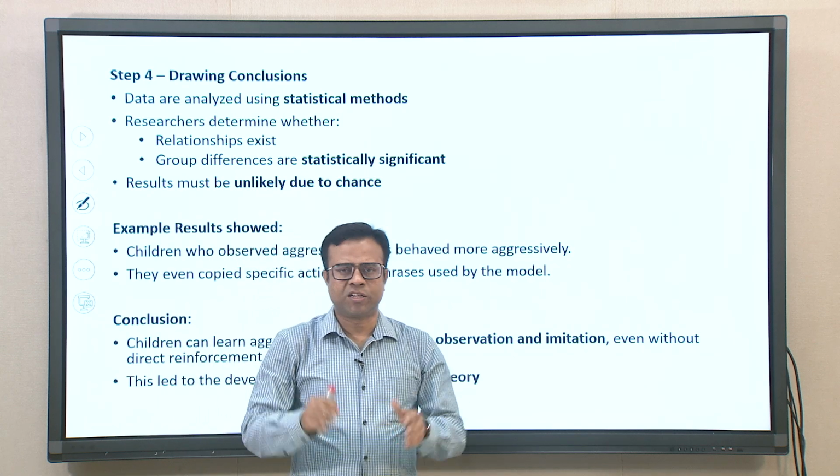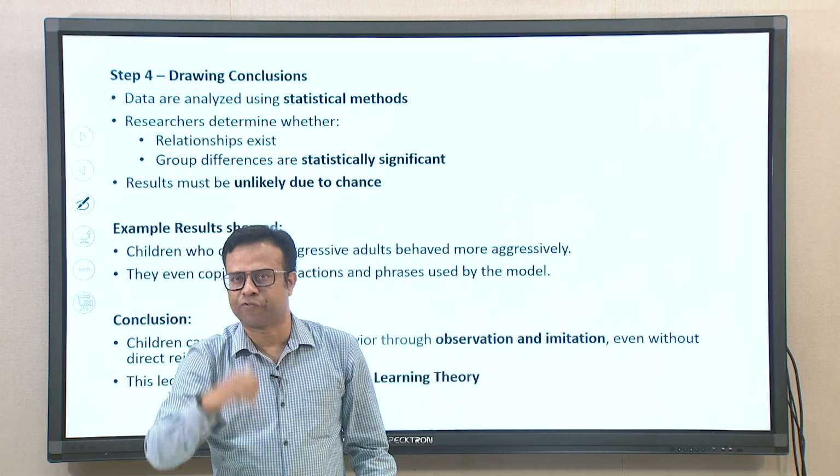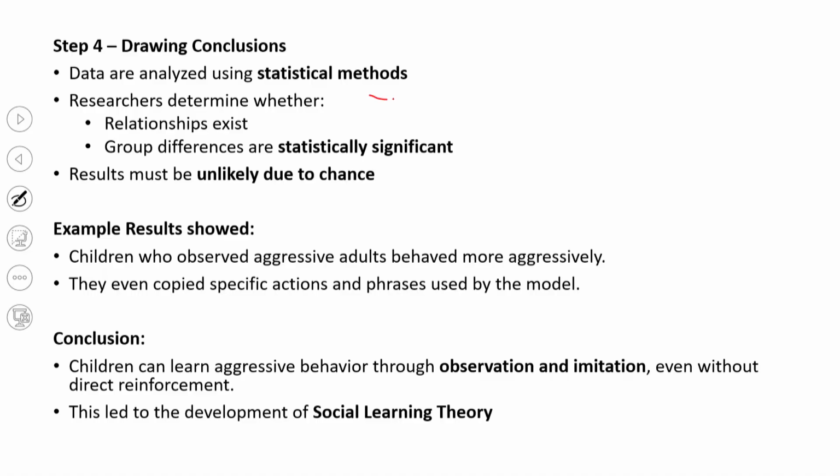Step 4: once you have data, you can make a conclusion based on analysis of that data. So, drawing conclusions. Data are analyzed depending on what kind of data you have. If you have data in numerical form, you can use statistics to analyze. The researcher determines whether a relationship exists and whether group differences are statistically significant or not.